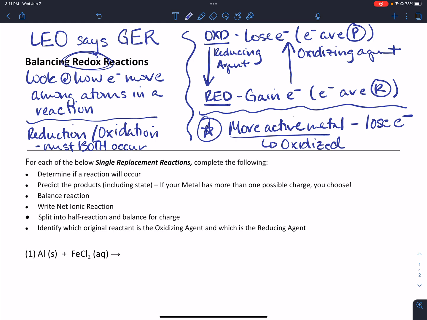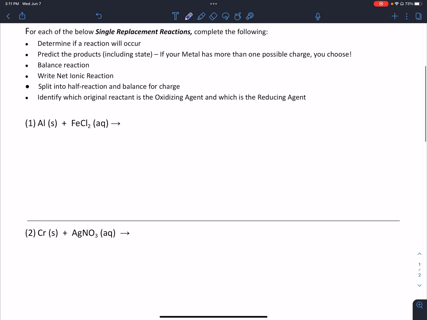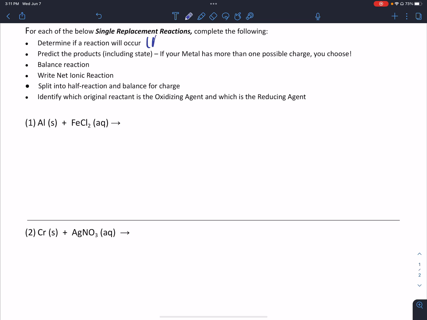We're going to try a couple of these single replacement reactions, and we're going to do a couple of different things. First, we're going to determine if the reaction will occur, and for that we're going to use our activity series. If you don't have one handy, you can always look one up on Google. There are plenty of them. If the reaction will occur, we're going to predict the products, including the state, so we might use our solubility rules.